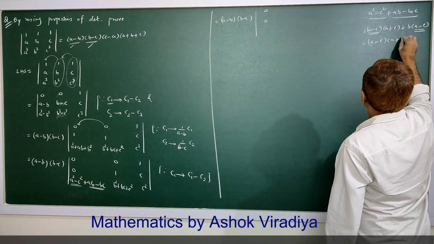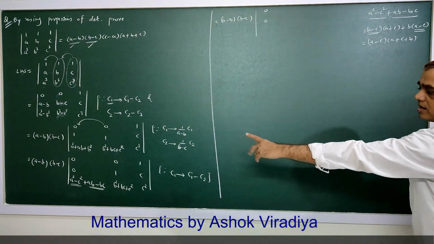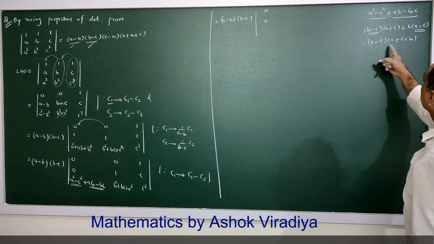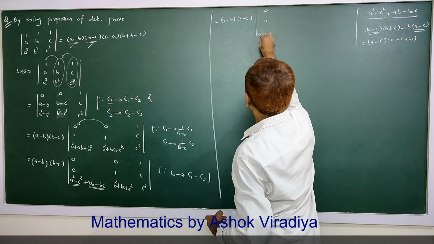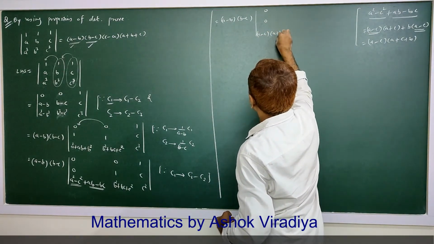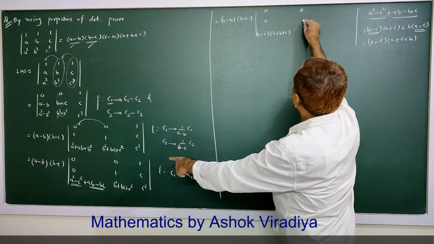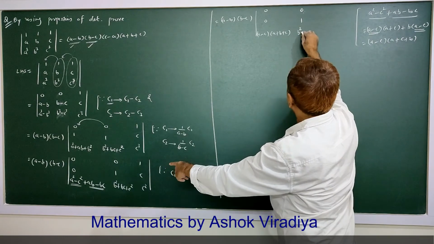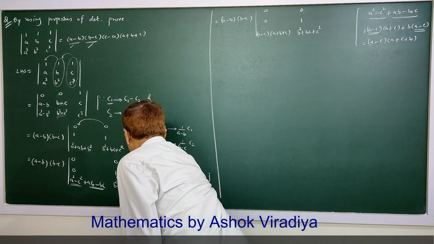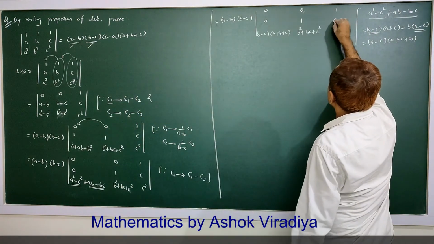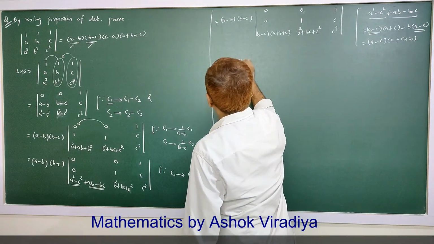So what is left? A plus c plus b. So the factors of that left bottom corner we have taken inside. So now here I am putting these factors, a minus c, a plus b plus c, 0, 1, b square plus bc plus c square, this is c square, 1 c cube. So a minus b, b minus c.